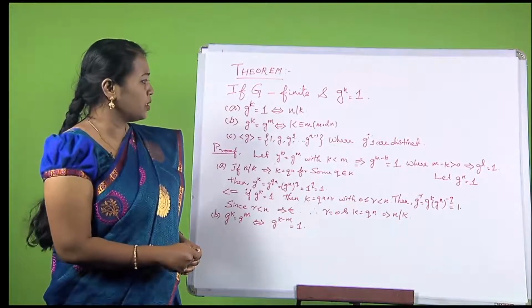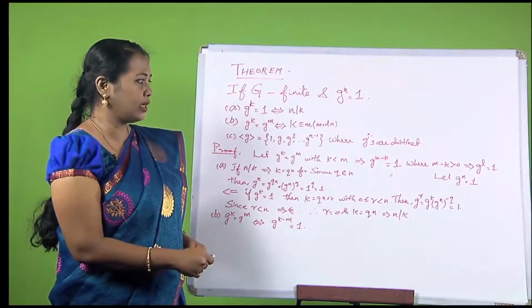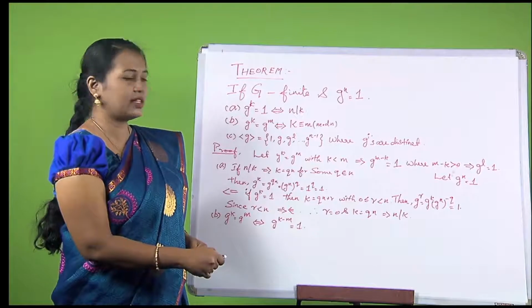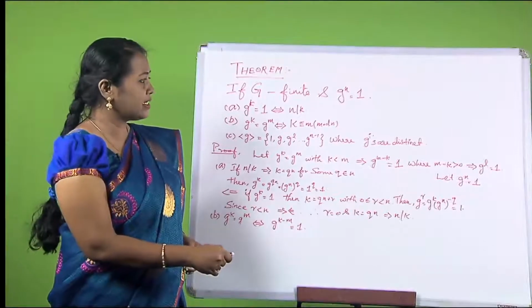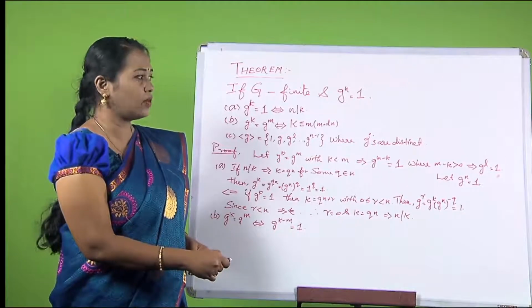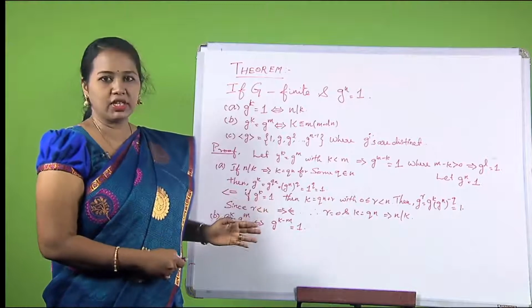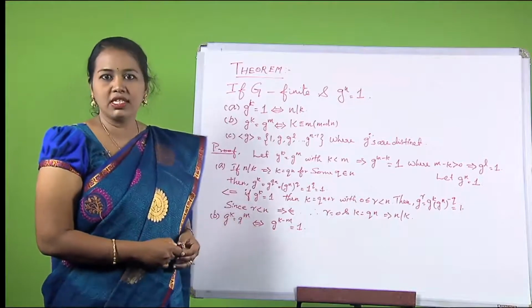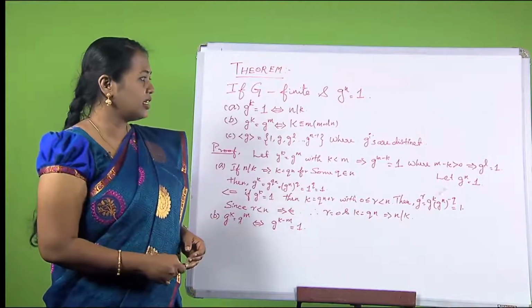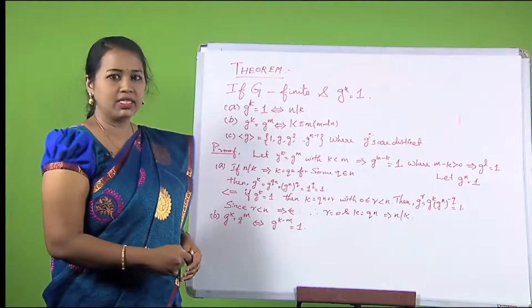If this is true, then this implies that g power m minus k is equal to 1, where m minus k is greater than 0. So, this implies that there exists an integer L such that g power L is equal to 1. So, we have proved the existence of such an integer. Now, let n be the smallest such integer such that g power n is equal to 1. Now, these are the assumptions for this theorem.